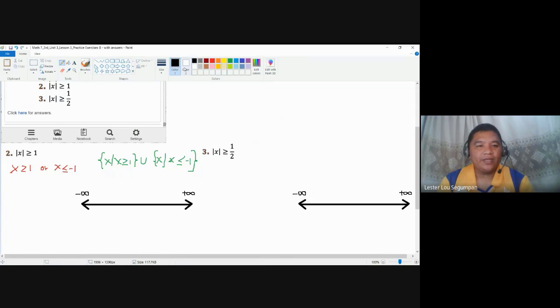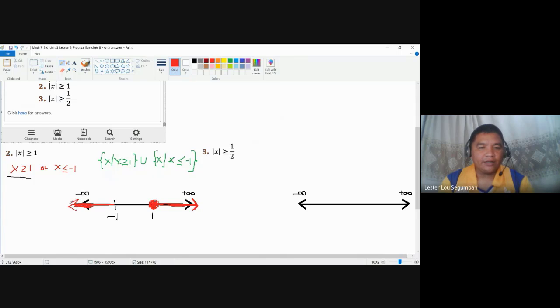We started with this here. So we started with 1, and it goes towards the right, towards infinity. So use an arrowhead. And since we have equality here, that would mean positive 1 is included. As for the other side, we started with negative 1, and we go towards the left.